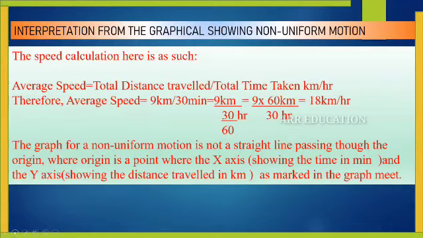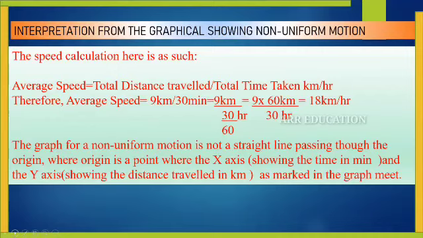But the formula for uniform motion can only be applicable for uniform motion, not non-uniform motion. The formula for non-uniform motion can be applicable for both of them, but not the formula for uniform motion.